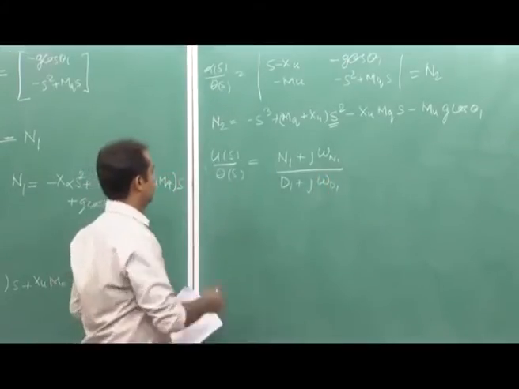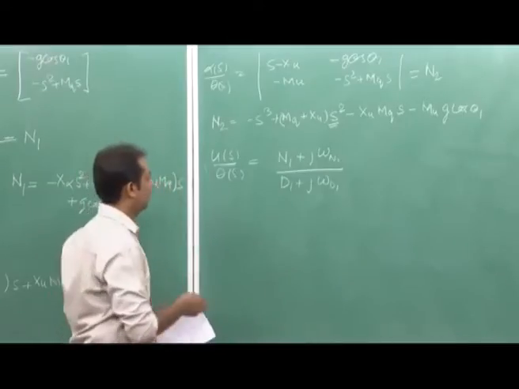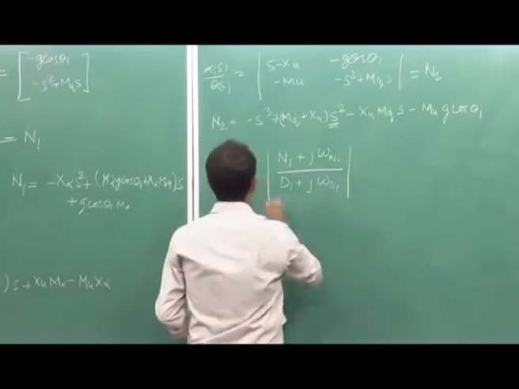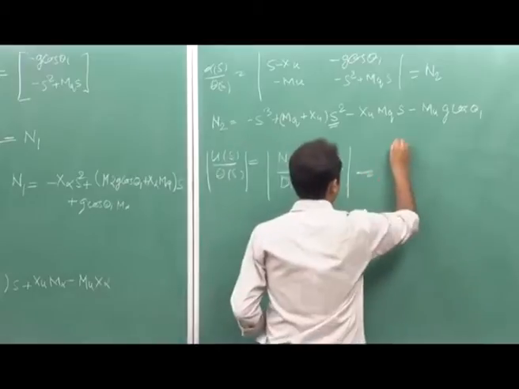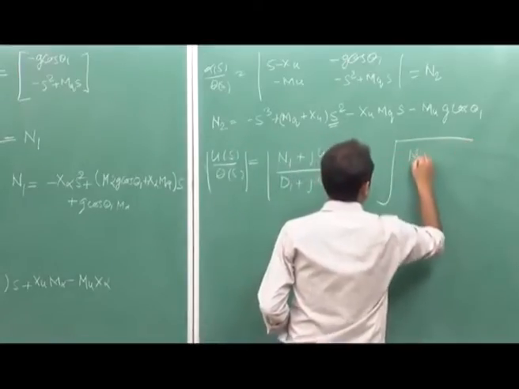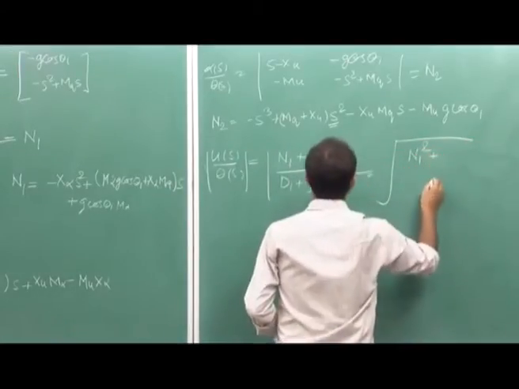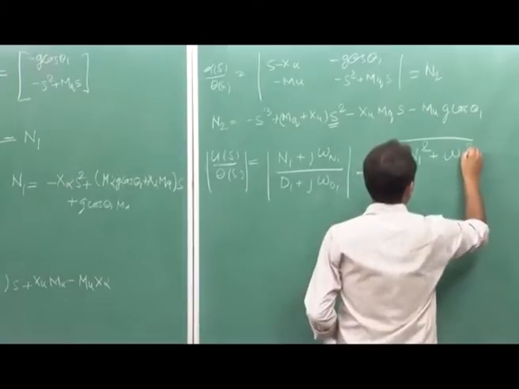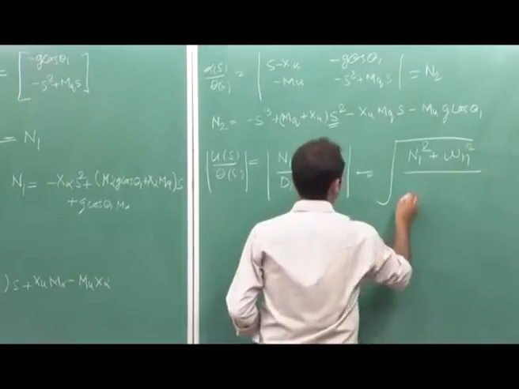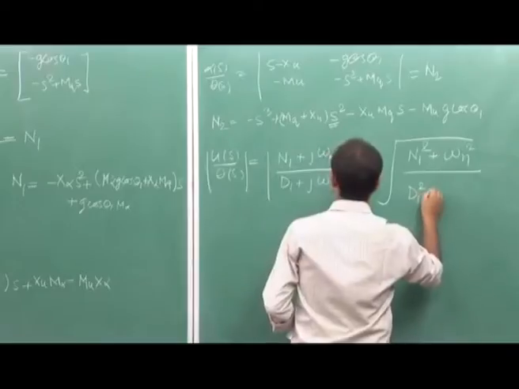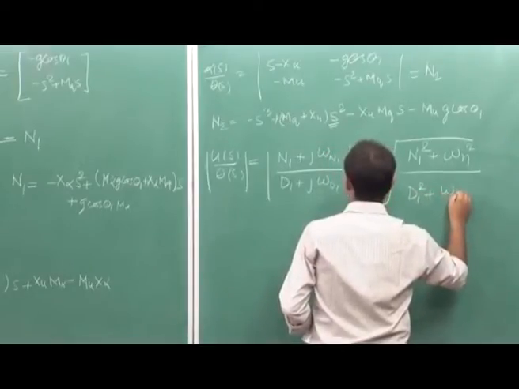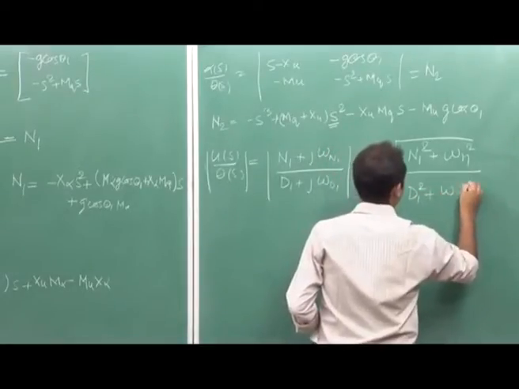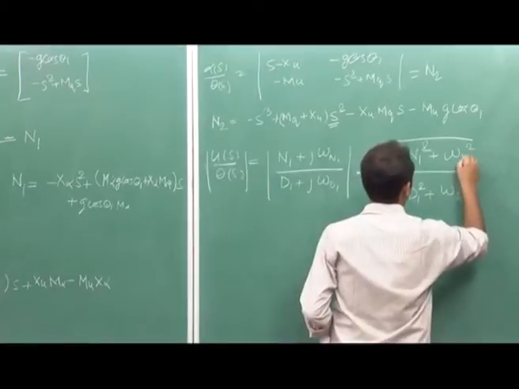So, the magnitude of this will be equal to root under N1 square plus omega N1 square divided by D1 square plus omega D1 square.